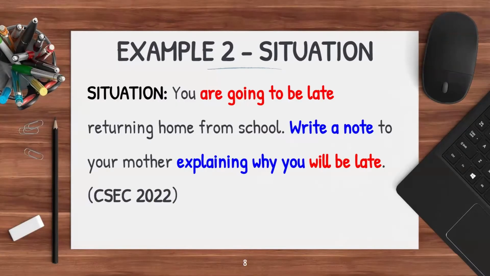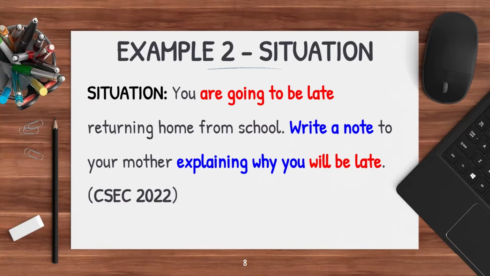Now, this situation is from 2022. So from the 2022 past paper. It says, you are going to be late returning home from school. Write a note to your mother explaining why you will be late.